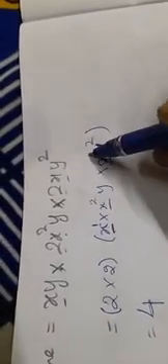Let us take the x terms alone: x into x square into x. The power of x is 1, this power of x is 2, and this power of x is 1. So x power 1 plus 2 is 3, 3 plus 1 is 4.